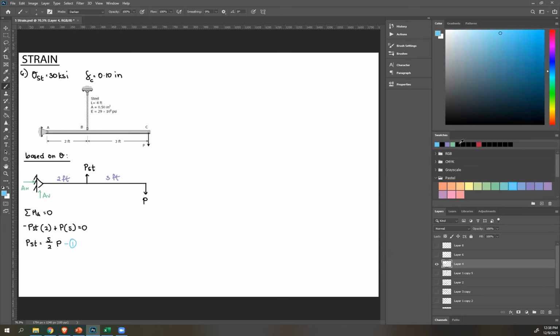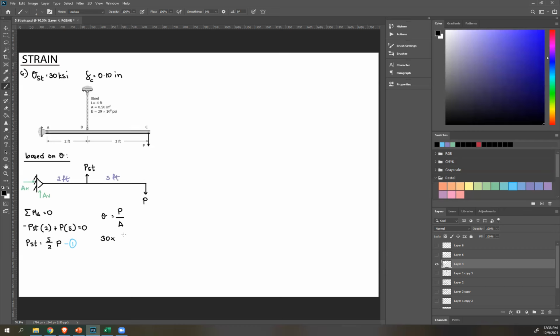And then remember, you have something else to help you. You have this limitation, stress. And we're solving based on stress. So now that you have this equation, you can start solving for it. Stress is simply P over A. I'll write that here. Stress P over A. Stress is 30 KSI. I want that in PSI.